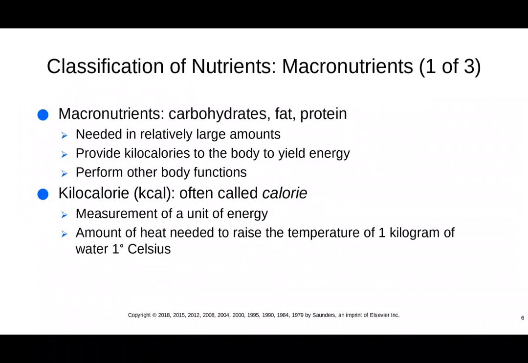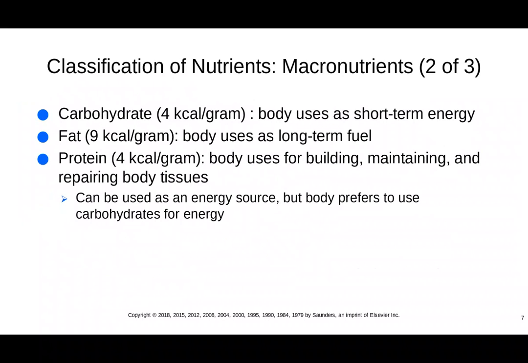A kilocalorie, or a kcal, which is often just referred to as a calorie, is a measurement of a unit of energy. So it is the amount of heat needed to raise the temperature of 1 kilogram of water 1 degree Celsius. So it's actually a very specific measurement. That is how we measure quantities of our nutrients.